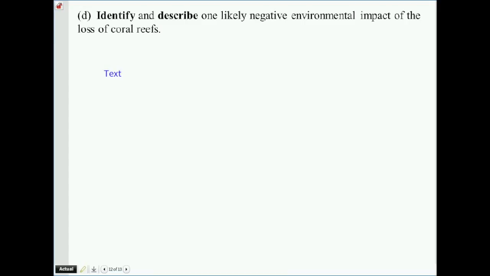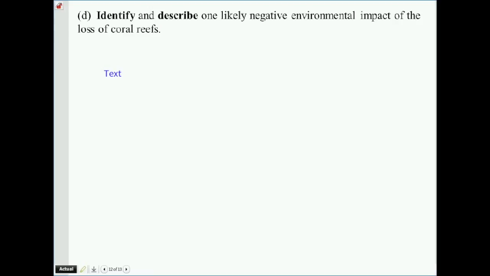So we could say a negative environmental impact is loss of habitat for fish, and then we could say that many fish use coral reefs as breeding grounds, shelter, nurseries for the baby fish, and losing coral reefs would reduce the habitat for these things or activities, whatever you want to call it.